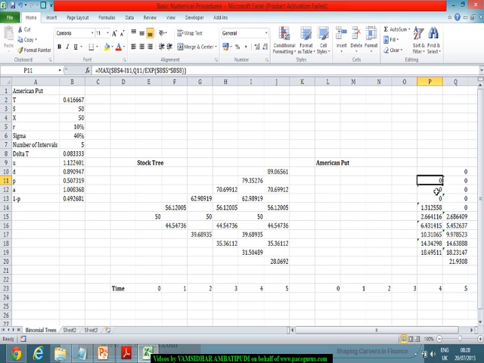Here I am trying to find out the maximum values across each of the nodes, looking at whether I should exercise it or I take it to the next period. Again we are doing a similar kind of action. Then once I have done it, again it's the process of finding the expected values at each of the nodes. Now the process is getting simply repeated.